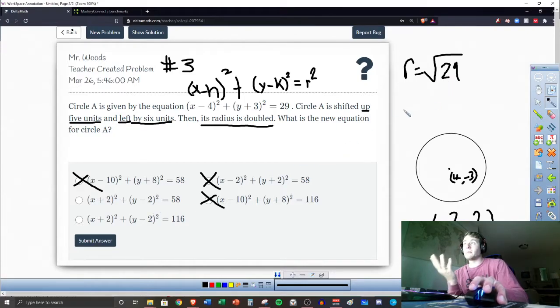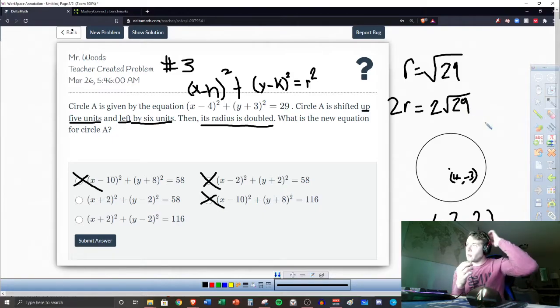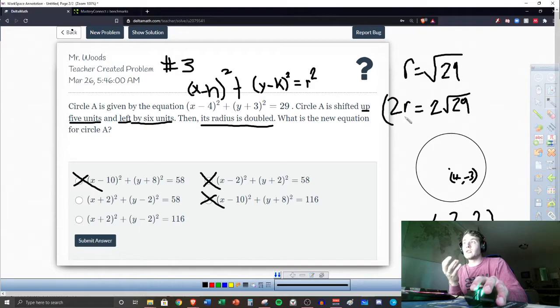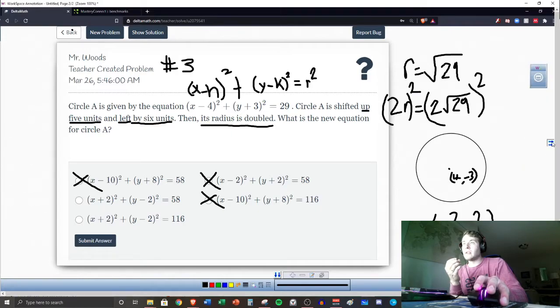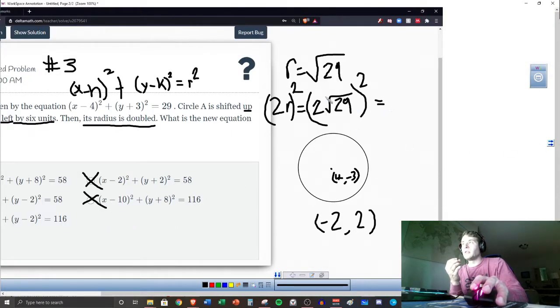We now know, but let's explain that. So double the radius equals 2 times square root 29. Okay? So then what do I do with that value when I double that radius? Well, then I need to square it. So I square this, and because these are being multiplied, you're able to distribute this square to both of them.